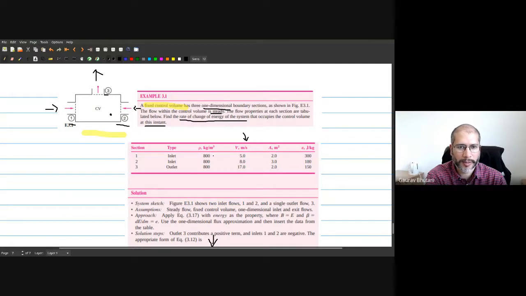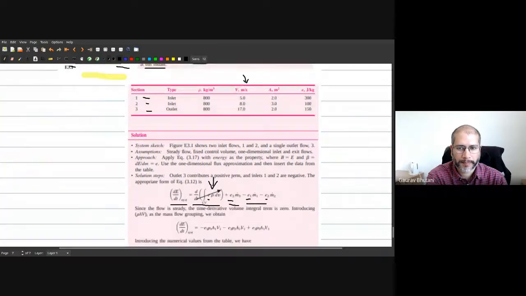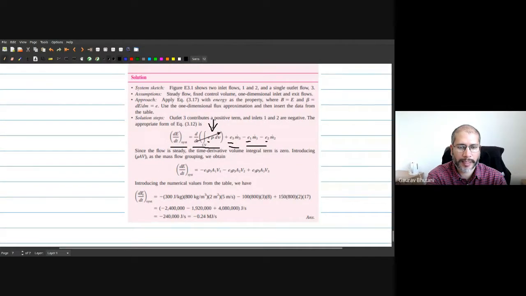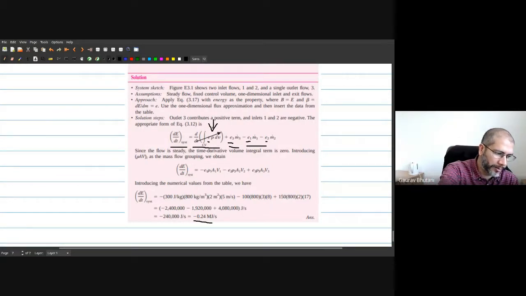So that will give you the three mass flow rates, m1 dot, m2 dot, and m3 dot. Is that clear? And then you just put values, and that will give you the rate of change of the energy of the system with time, and that comes out to be a negative value.